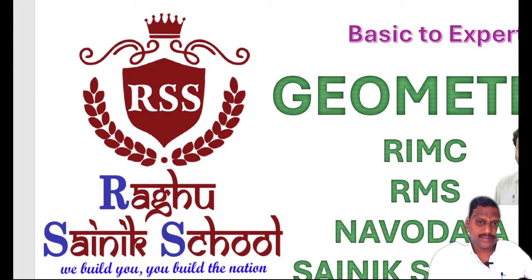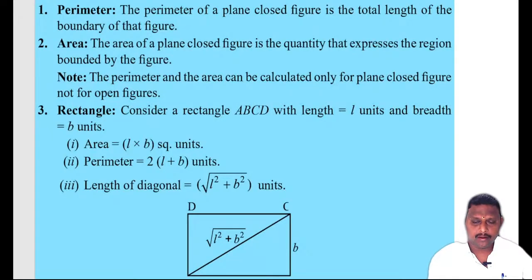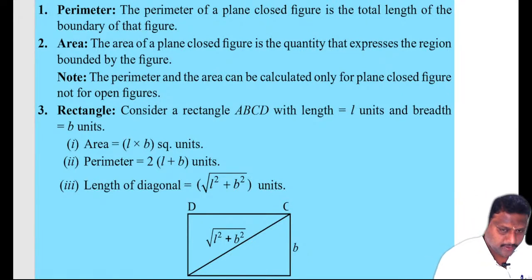Today's topic is geometry. In geometry, we are discussing area and perimeter. First of all, we need to know what is meant by perimeter, what is meant by area, and what is meant by volume. First of all, we need to discuss what is perimeter.